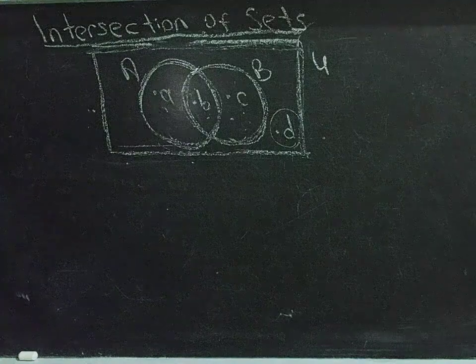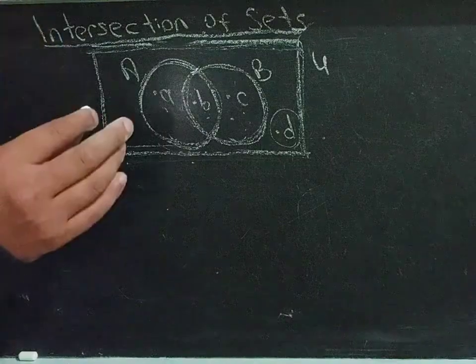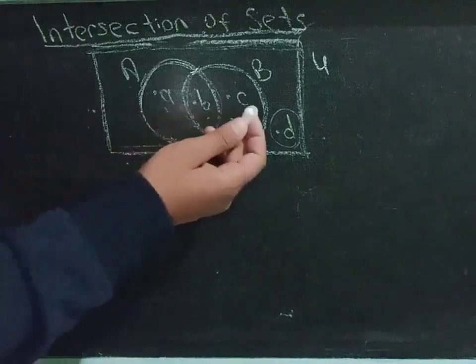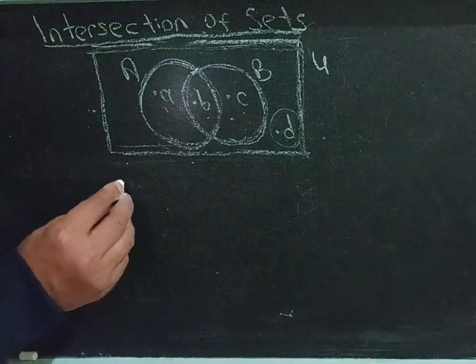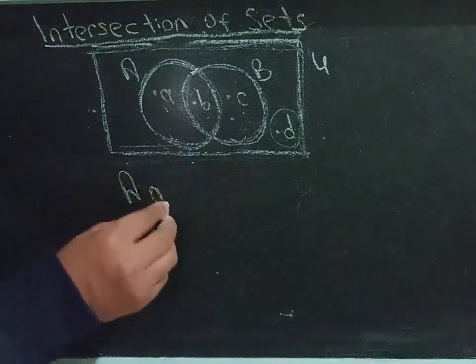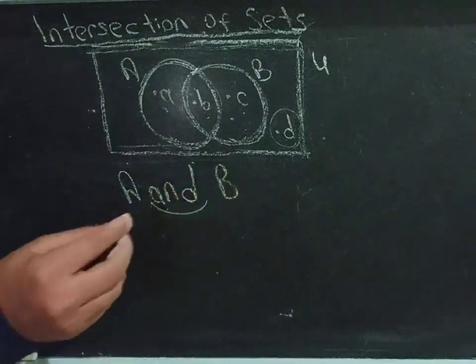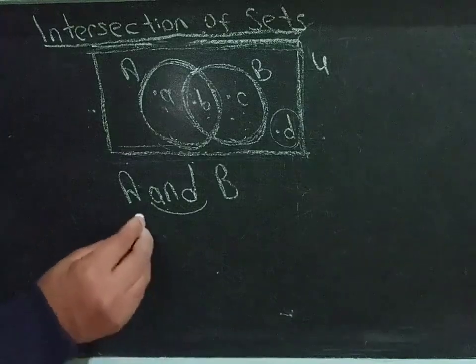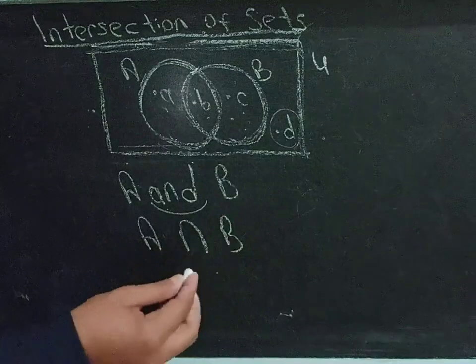So now we will talk about intersection of sets. What is the intersection of sets? The elements which are common for both sets. If you are talking about A and B, it is going to be written with the word and, or it could be shown by this symbol, like and.